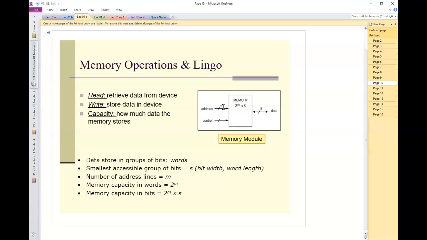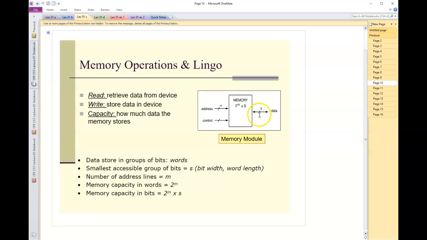The address is an input, and there's an integral number of address lines. The number of things the memory can store is 2 raised to the power of those address lines, which is m right here. So if you have 10 address lines, you can store 2 to the 10th different things.